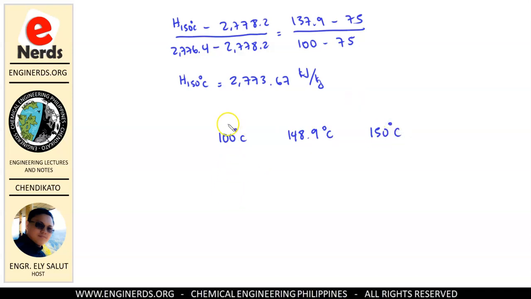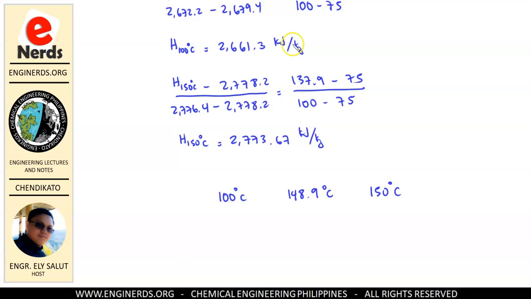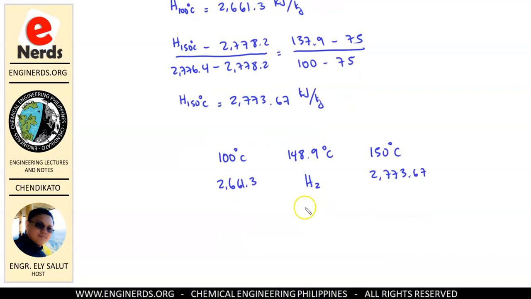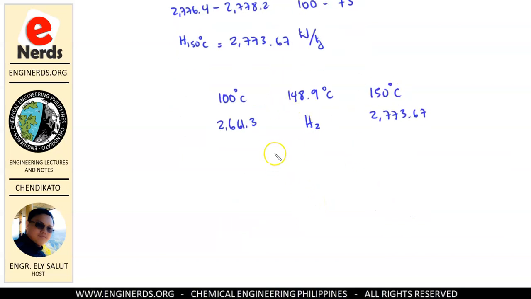So our H100 is equal to 2661.3. No? So we have 2661.3, and our H150 is 2773.67. So here we have our H2. Ito yung gusto nating makuha. Now we're going to interpolate para makuha natin yung H2.